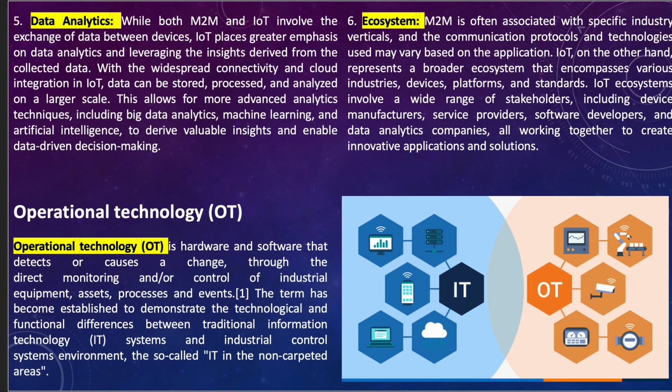On top of it, I also gave a small example of OT, or operational technology, and it is similar to M2M. Then there's IIoT as well, which are basically the same thing, right?